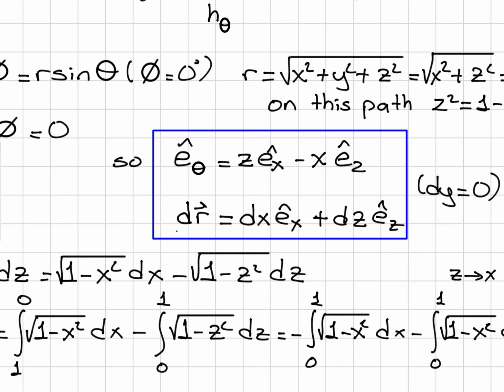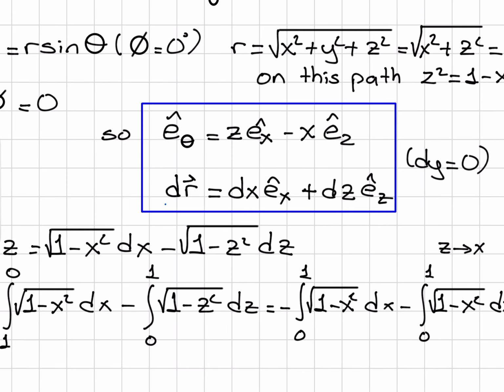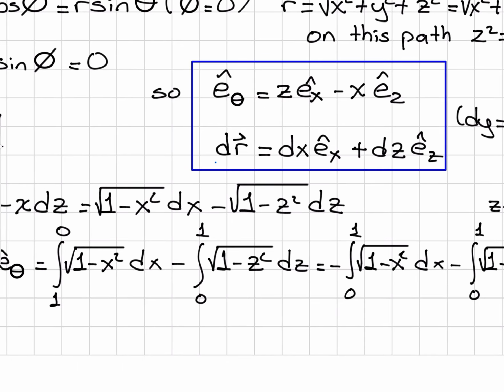Now you can see that these two integrals are identical, so I have a minus 2 times the integral 0 to 1 square root of 1 minus x squared dx. And let's call this star.